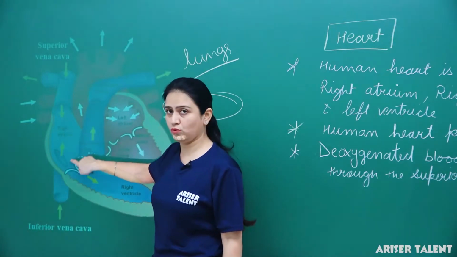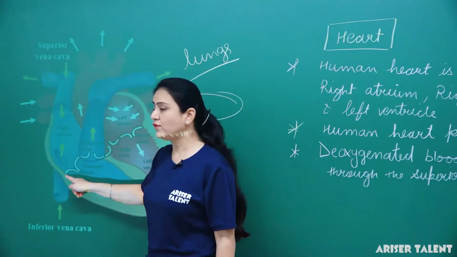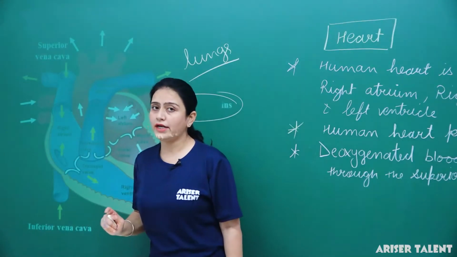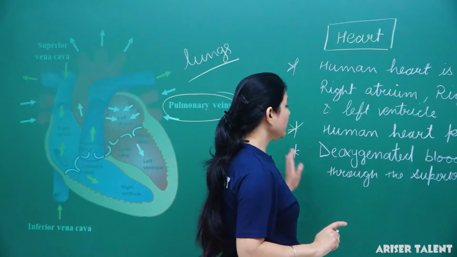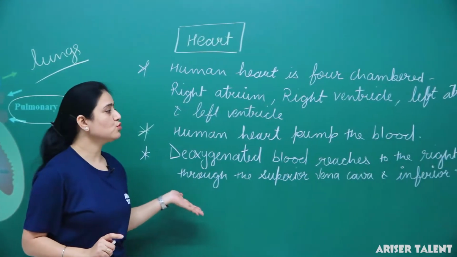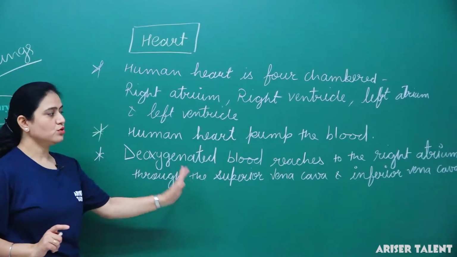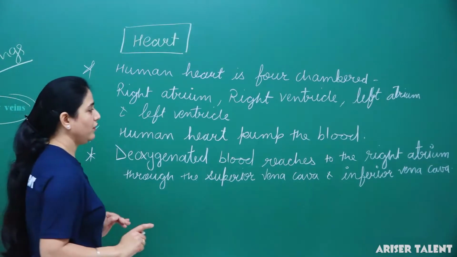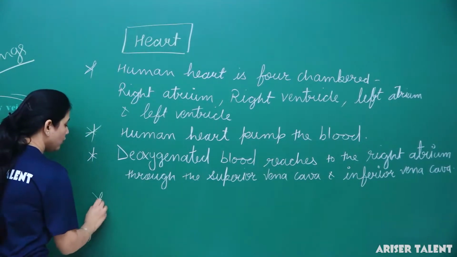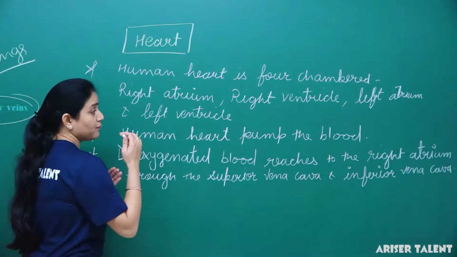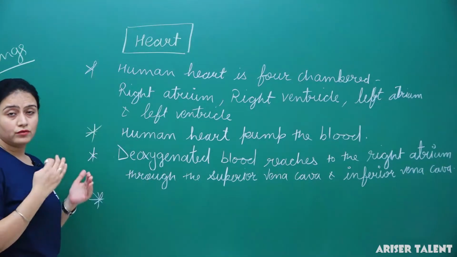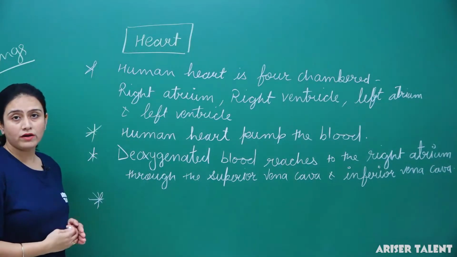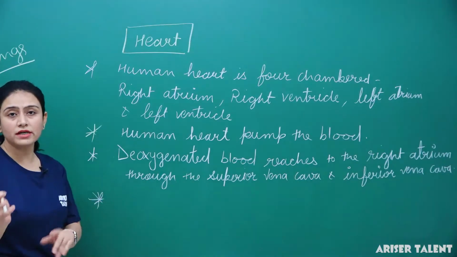These green arrows show the flow of the blood into the right atrium. Now we can mention that deoxygenated blood flows to the right ventricle through the tricuspid valve.